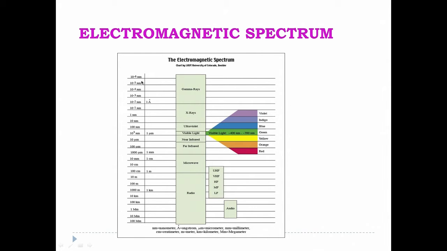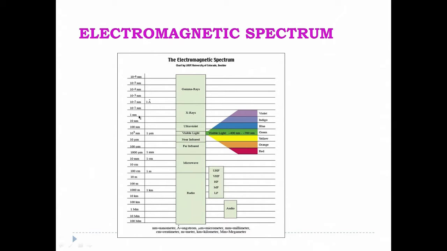Now, in this figure, on the left side, I have put the wavelengths. It starts from 10 raised to minus 6 nanometer, and 10 raised to minus 5, minus 4, minus 3 like that, I have listed them out, up to 10 raised to minus 1 nanometer. 1 nanometer is 10 raised to minus 9 meters.